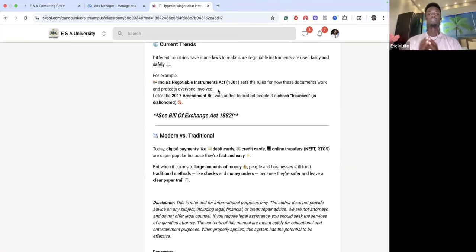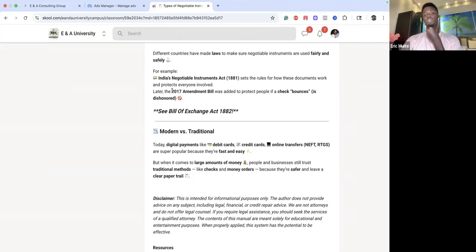And so in the United States, it all comes down to UCC Article 3, which is a little bit different from what India's Negotiable Instruments Act would say. While I wouldn't doubt that it's a little bit similar, there's a lot of differences that you would have to read to understand.